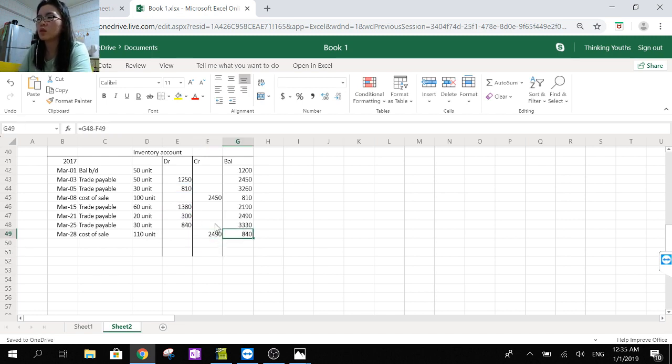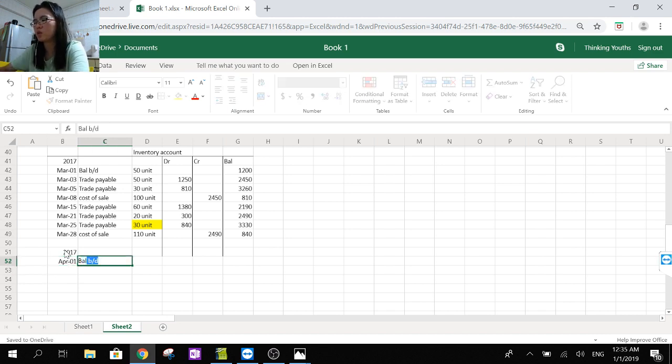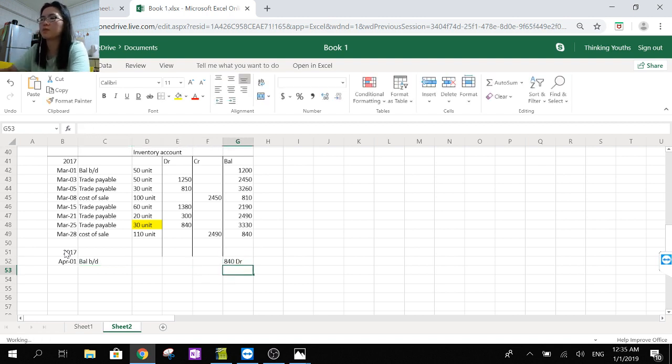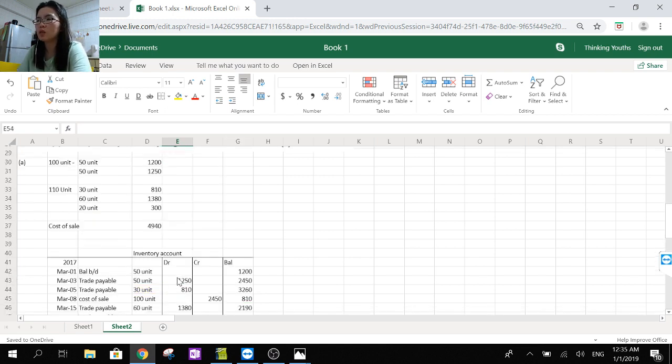So the last batch of stock is this 30. So only this 30 units was not sold. Okay, so therefore you need to do a balance brought down, 2017 April 1st, balance brought down 840 debit. Okay, so this is your part B.